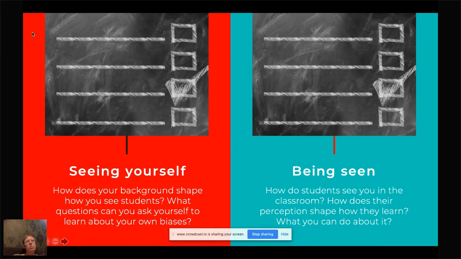Also, being open with my students about my own position and understanding that sometimes I'm going to need them to help me see things I can't see. That, and being really transparent about that with my students, has helped, I think, make that classroom a better experience for all of us.